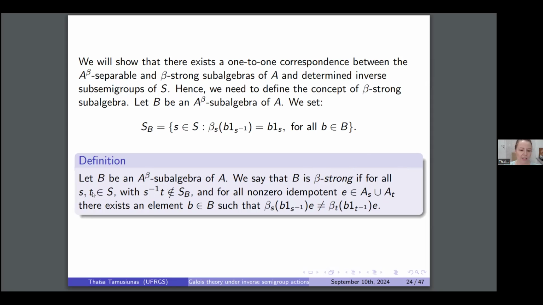When considering s and t, beta s is not equal to beta t. In this context, if they are not equal, then the actions are strongly distinct. They are not only distinct, they are strongly distinct in the sense that when we multiply with a non-zero idempotent, they remain distinct. And this condition we call beta strong.